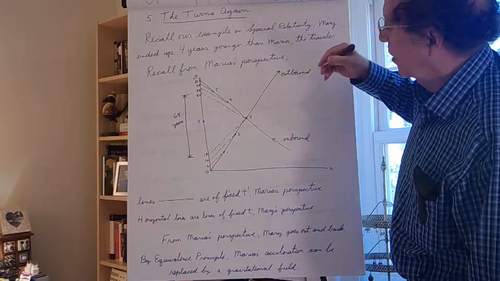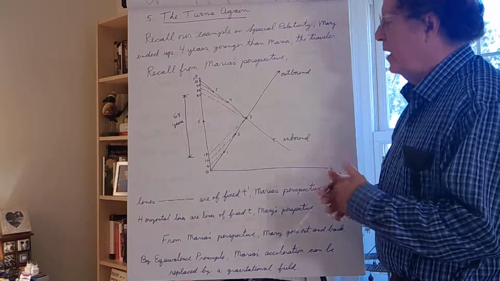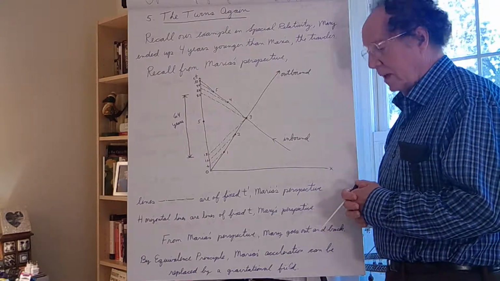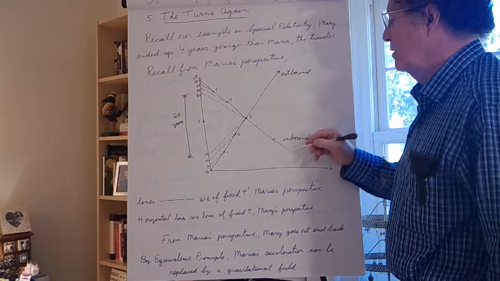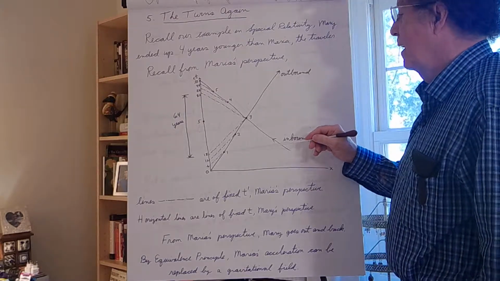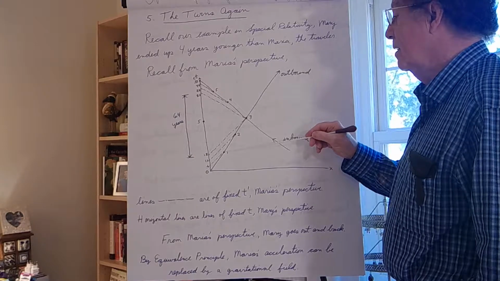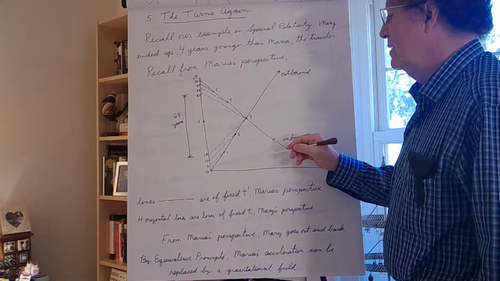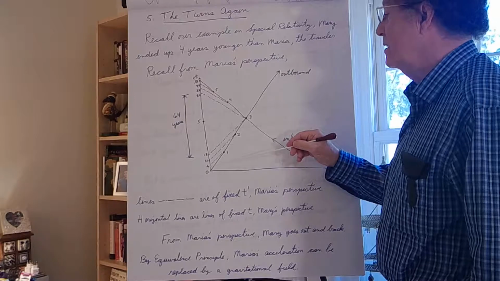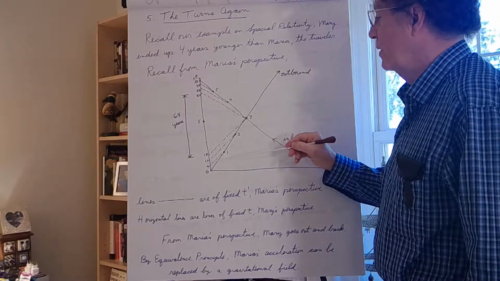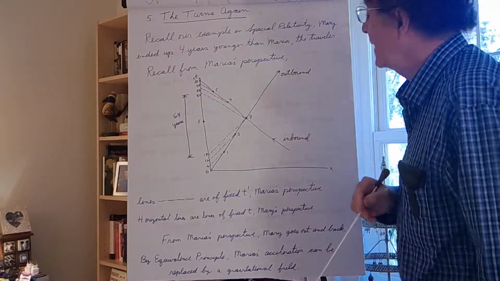Okay, and so review that in your special relativity, and you'll find, of course, when Maria hits 1 year on her clock, it's 0.6 on Mary's clock. 2 corresponds to 1.2, and 3 corresponds to 1.8.